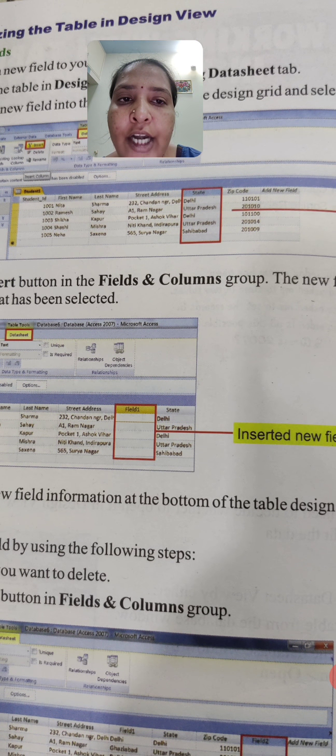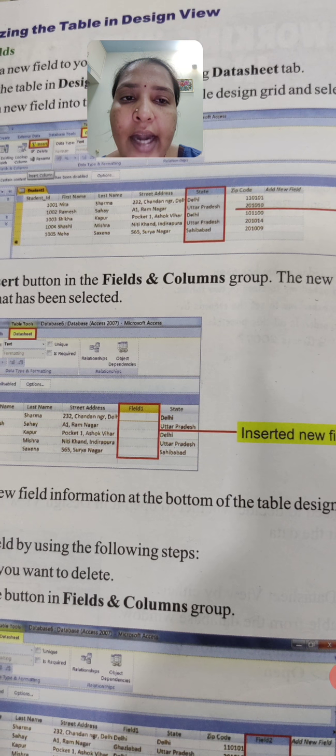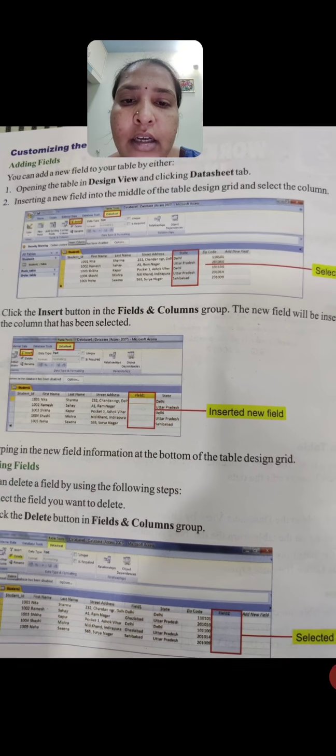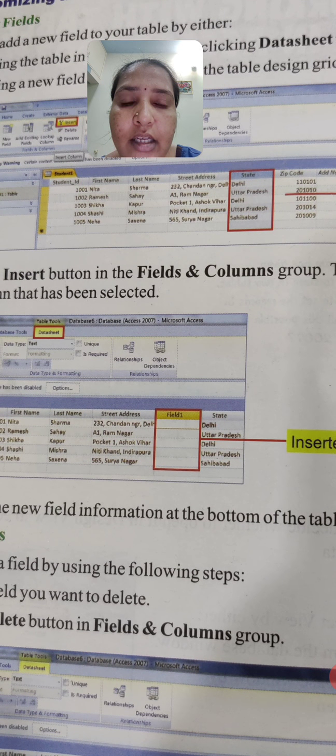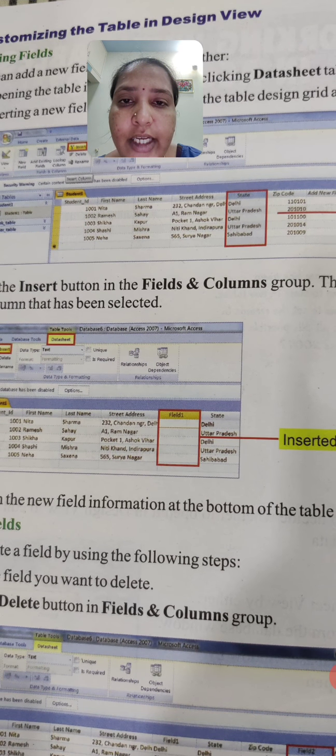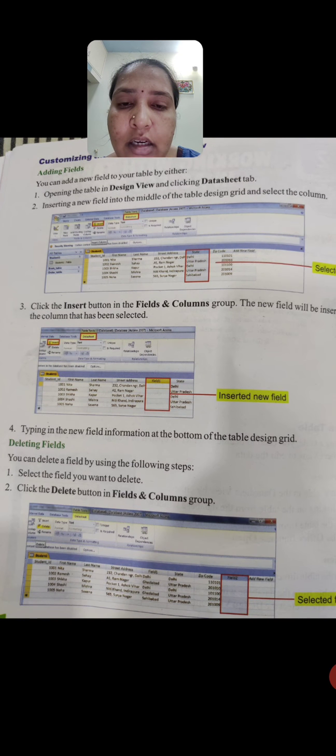See here, add new field. We can add another field over there, and here they have added another field called state. Before, the state field was not there. Here we can add another field with the name state. They have added it by giving some state names. Okay, this is how we are adding fields.